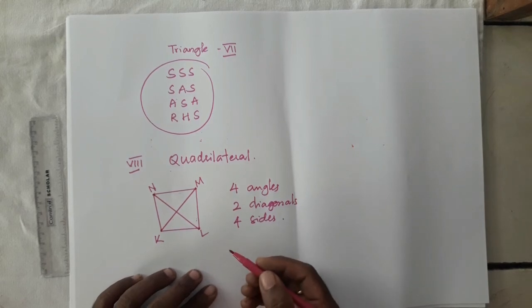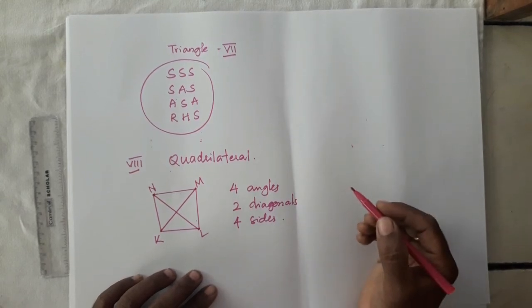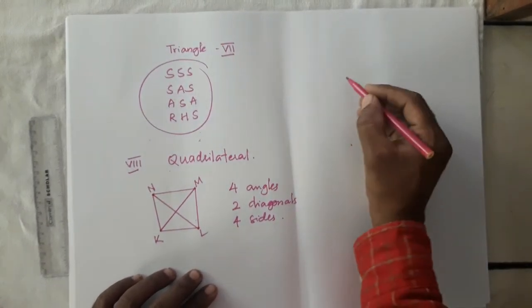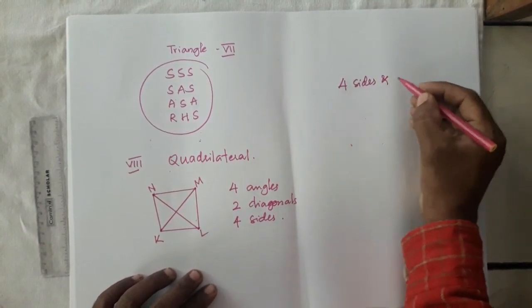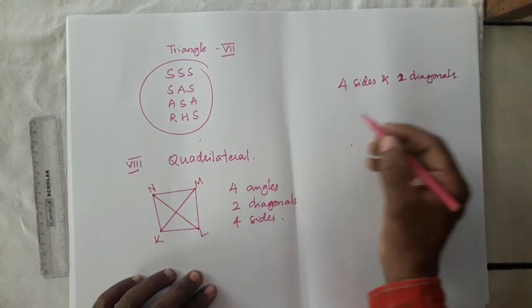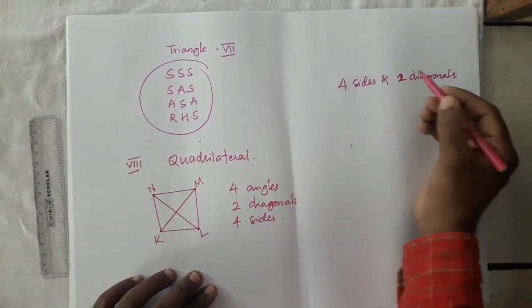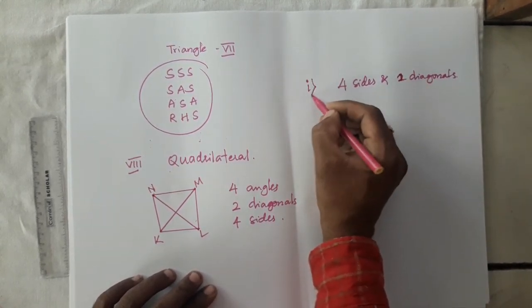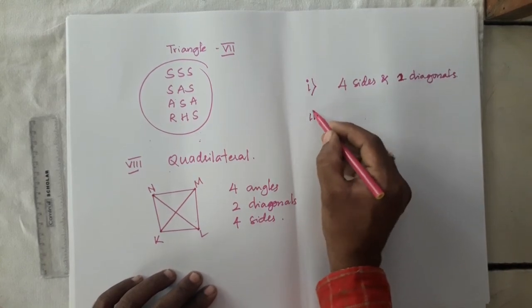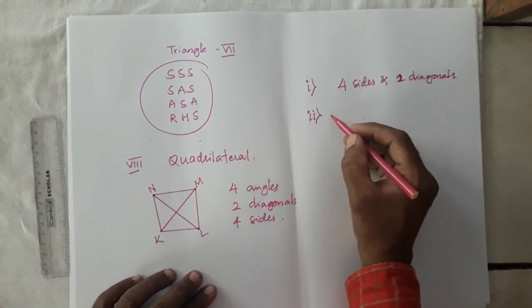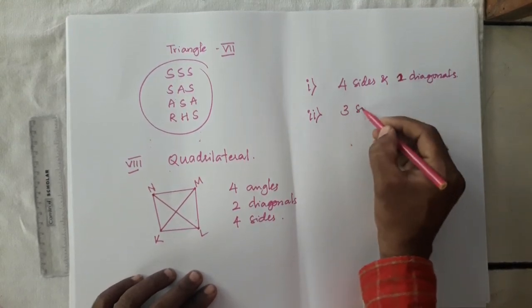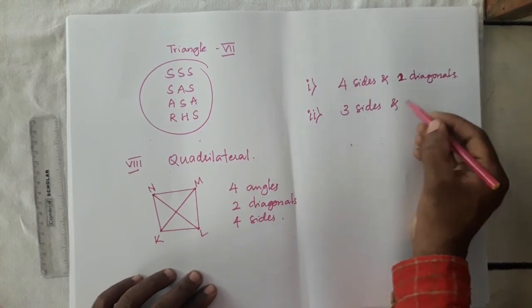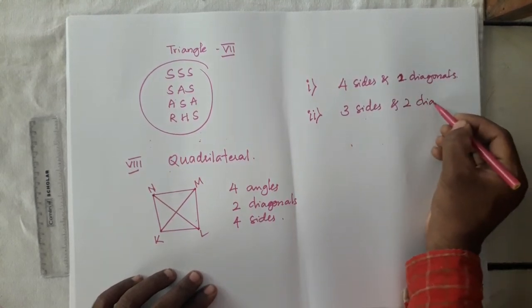A quadrilateral can be constructed when 4 sides and 1 diagonal are given. This is the first type of construction. The second type of construction is when 2 diagonals and 3 of the sides are given.